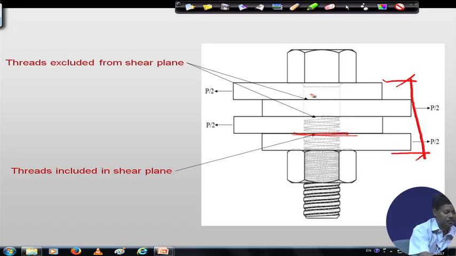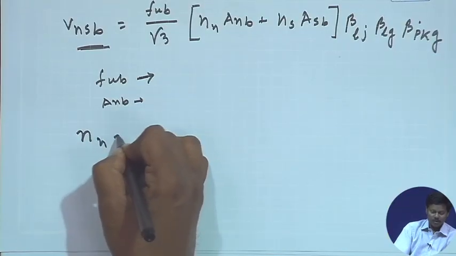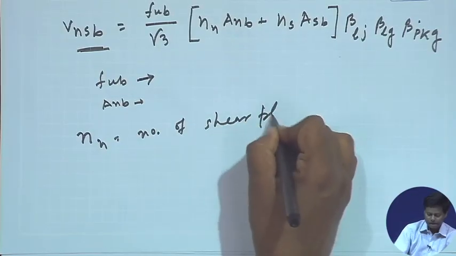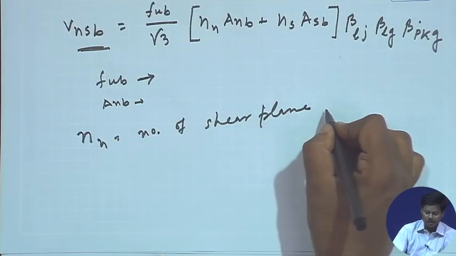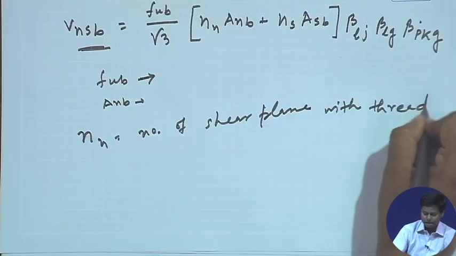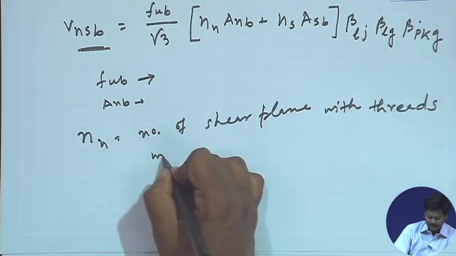The threads excluded in the shear plane are this one or this one. So this is Nn and Ns. We can define Nn as the number of shear planes with threads intercepting the plane.